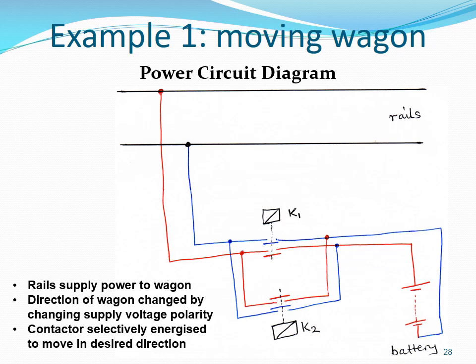The conductor K1 makes the upper rail to be positive, and the conductor K2 makes the upper rail to be negative. The two conductors have interlocking to avoid them being energized at the same time, as this can result in a catastrophic consequence.